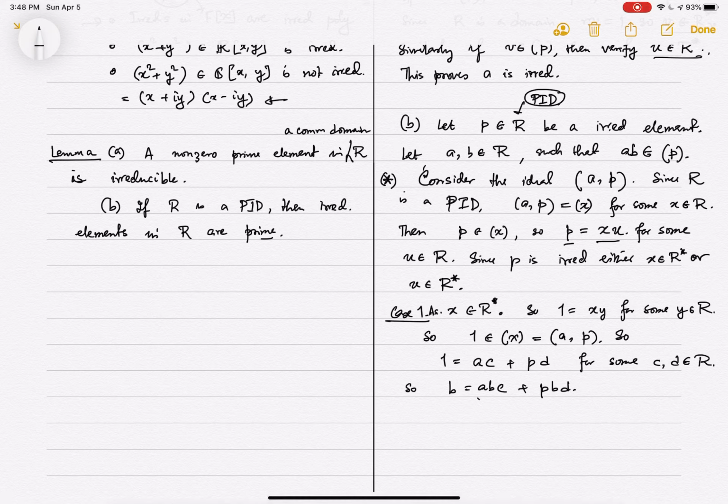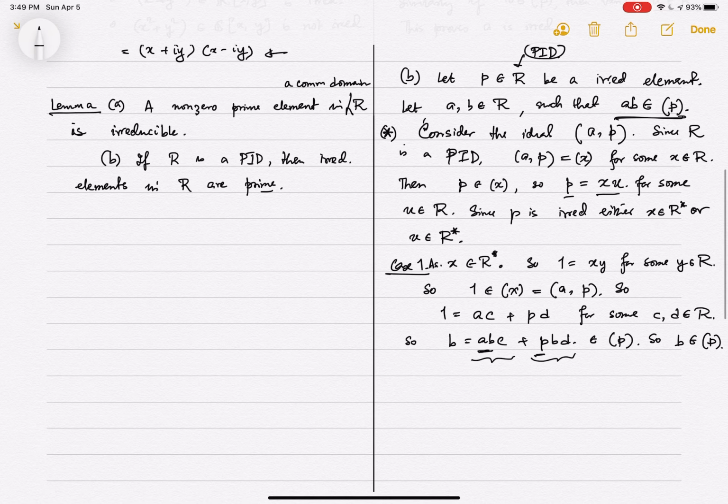And now you notice that AB is in the ideal generated by P up here, and P is in the ideal generated by P. So this term and that term are both multiples of P. So the whole thing is again a multiple of P. So B is in the ideal generated by P.